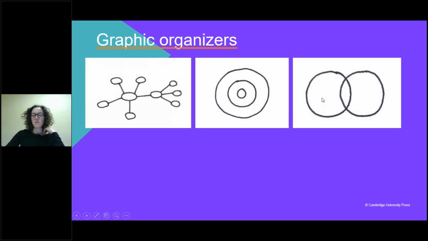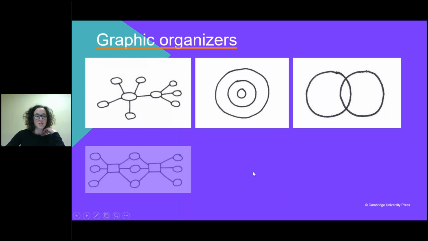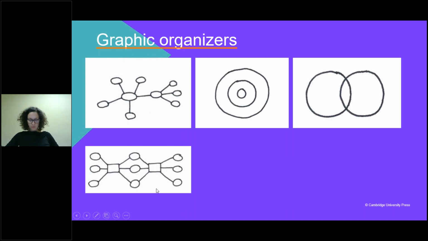Venn diagrams to find similarities and differences between two categories. This is spider. XY comparisons are very similar to Venn diagrams, but here the choice is limited.